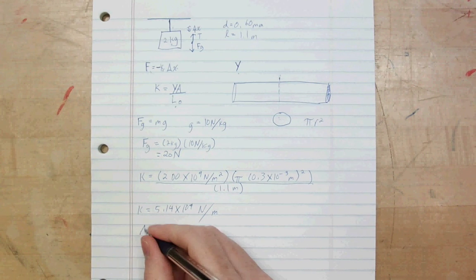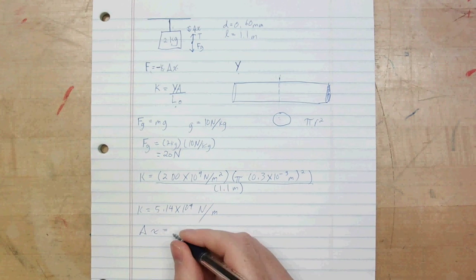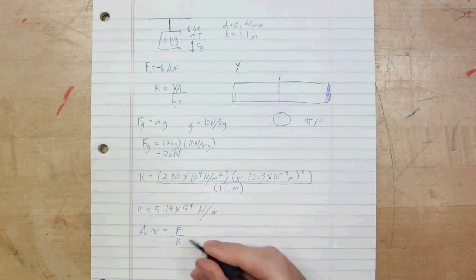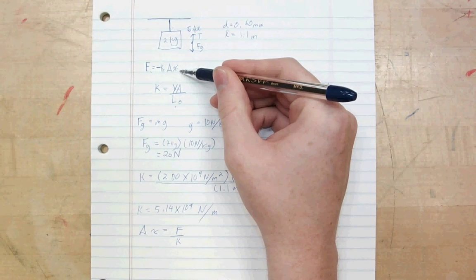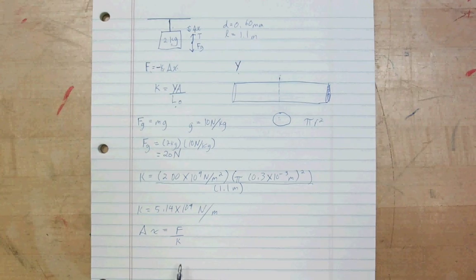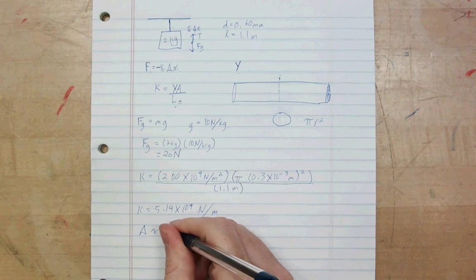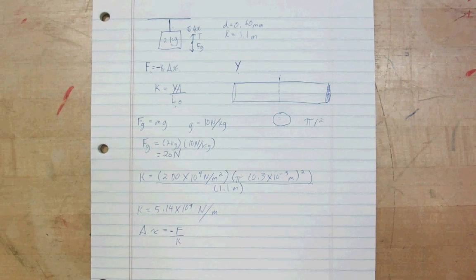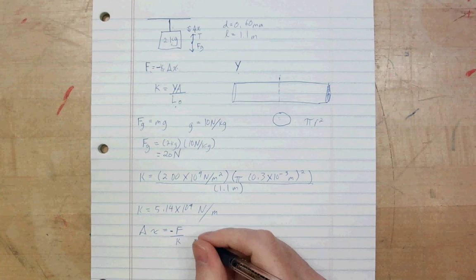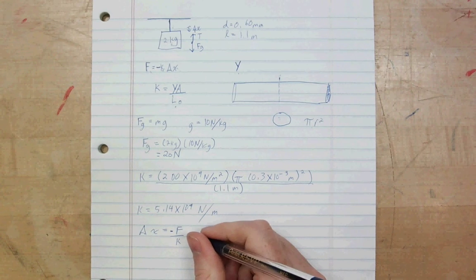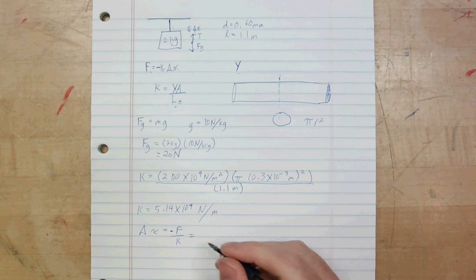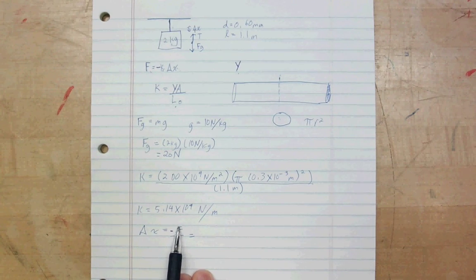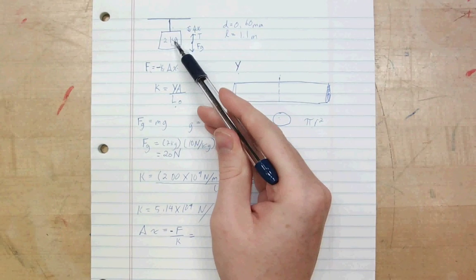Now I can find delta x. Delta x equals force over spring constant, just looking up here. Or if I really want to be specific, because we're having the force and the displacement go in opposite directions, oh, and by the way, this is important. So this force isn't directly just the force of gravity.